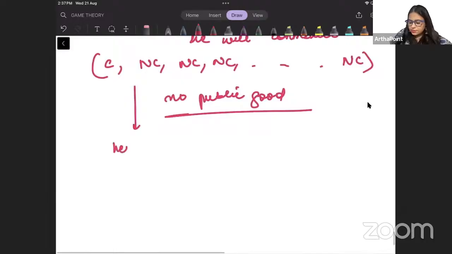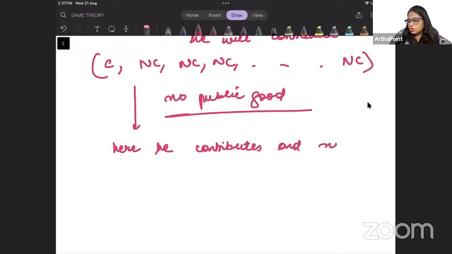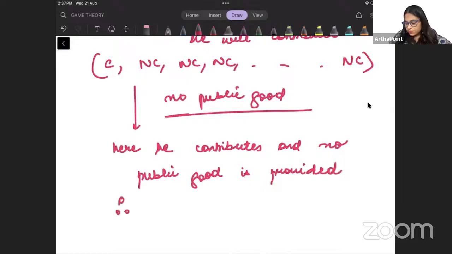So here he contributes and no public good is provided. Therefore, he has no incentive to deviate.